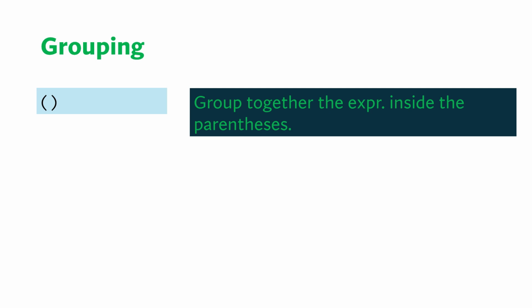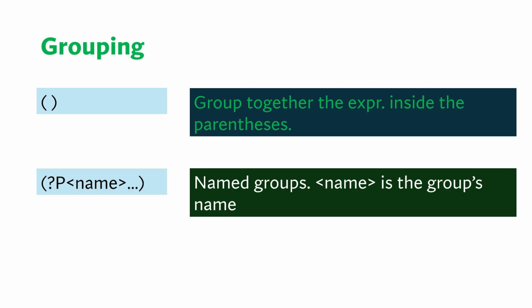Groups are typically numbered starting with 0. Subgroups are numbered from left to right, from 1 and upward. These groups can also be named using a syntax where name is the desired group name, and the dot dot dot in the syntax is replaced by a user specified pattern that we want to match.